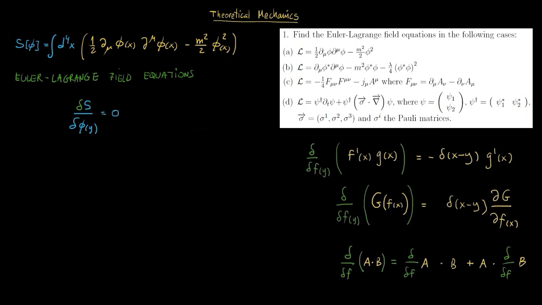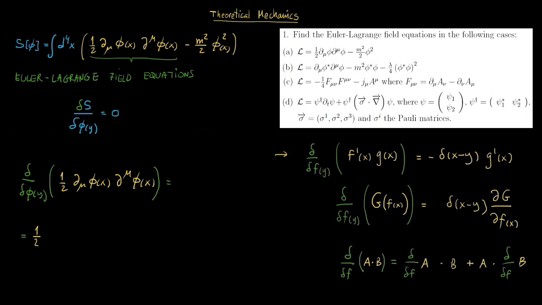First of all, we can compute the functional derivative with respect to phi(y) of 1/2 ∂_μ φ(x) ∂^μ φ(x), namely this first term. So let me write 1/2 before I forget that.